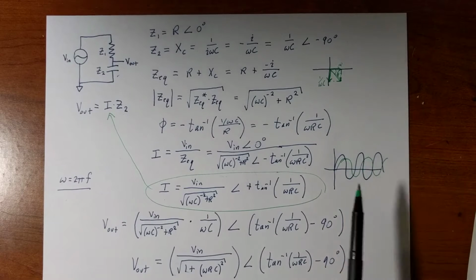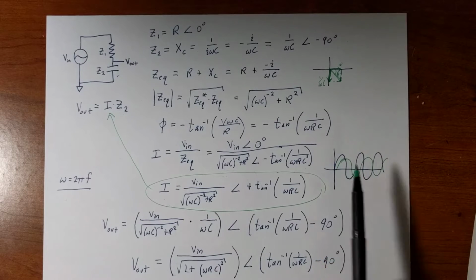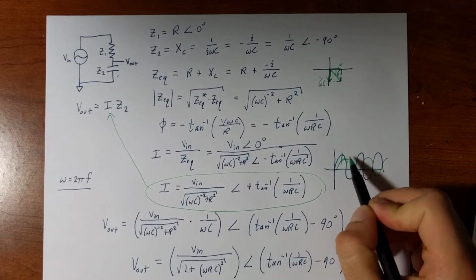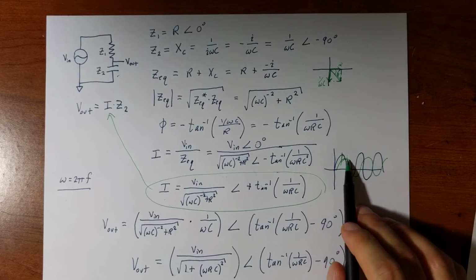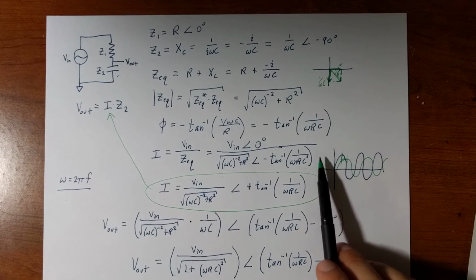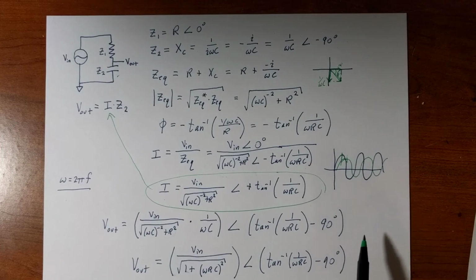As I'm coming from the left, I hit the blue one first, that peak first, and then I hit the green peak. So the blue peak came first, that green signal would lag the blue signal, the green signal would be like our output voltage with a negative phase angle. If our output voltage had a positive phase angle, then we would encounter its peak first, it would lead the input voltage.